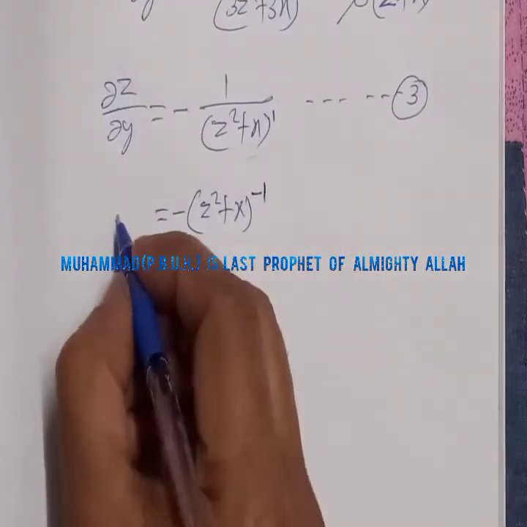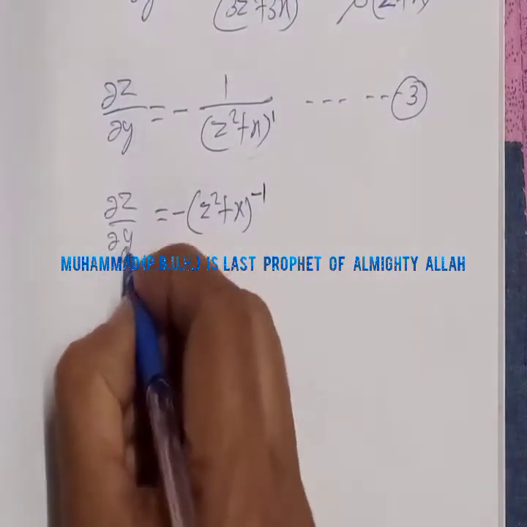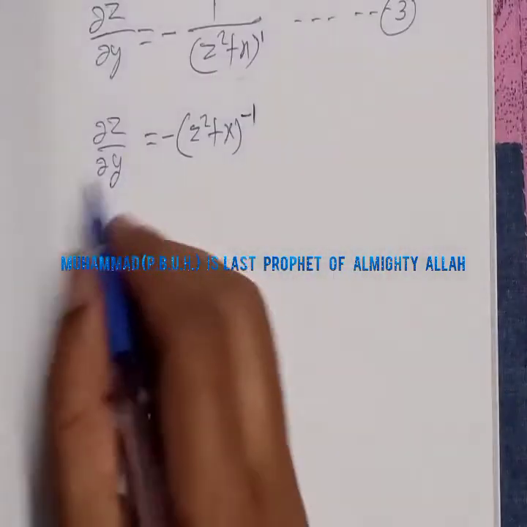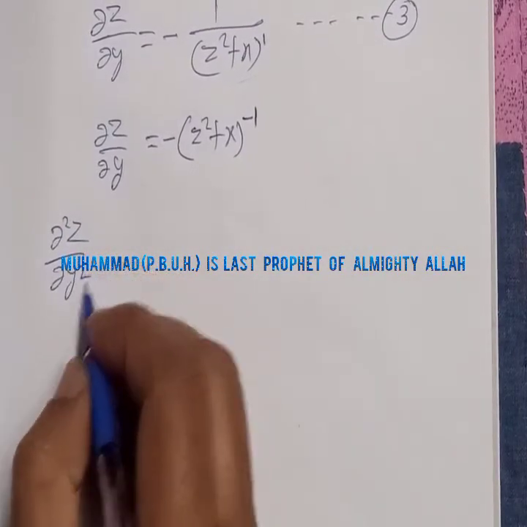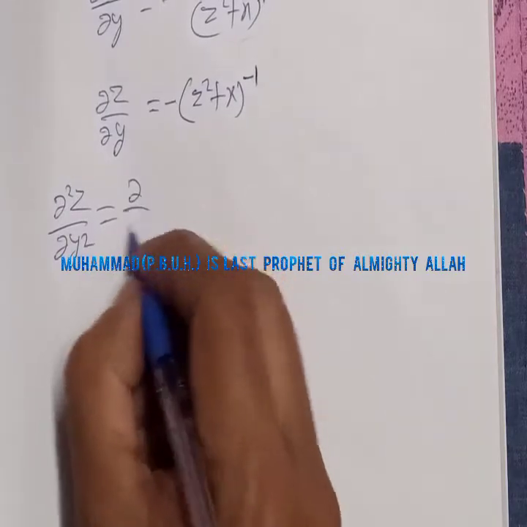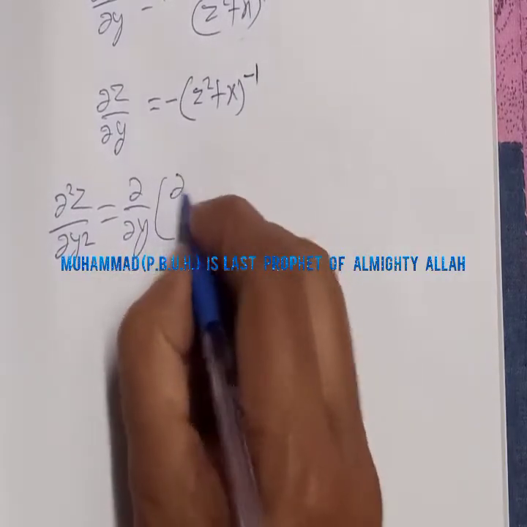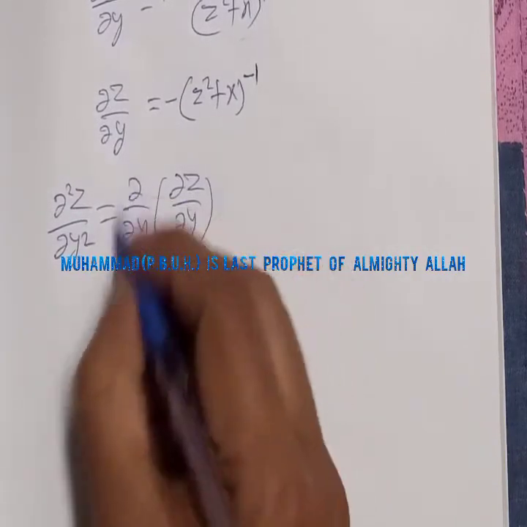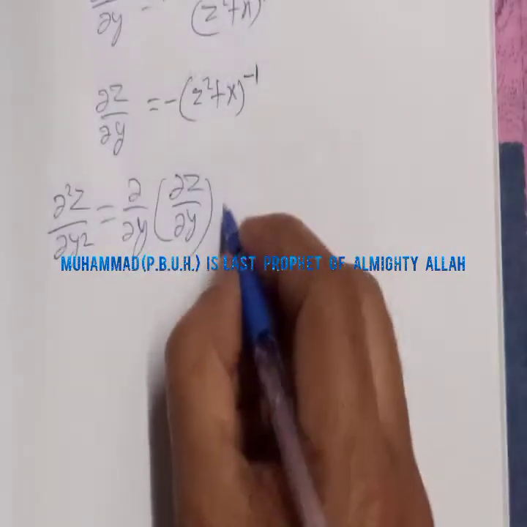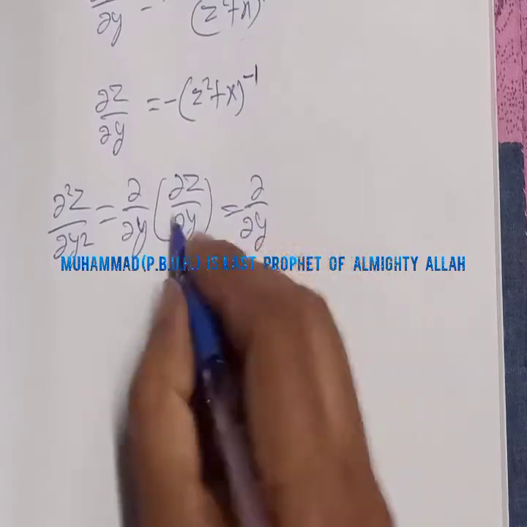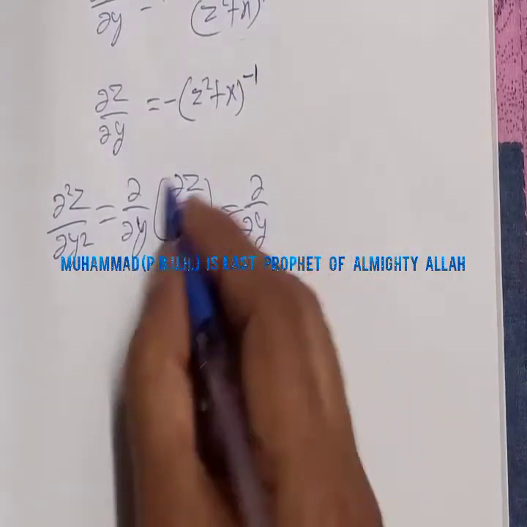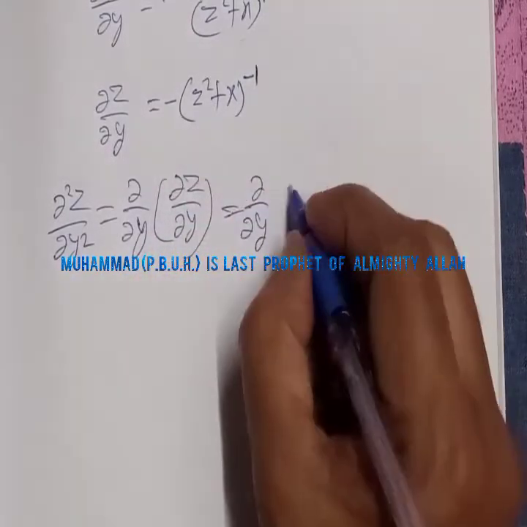This is the value of ∂z/∂y. It will help in finding the value of ∂²z/∂y², because that is equal to the differentiation of ∂z/∂y with respect to y again. So I write this value.